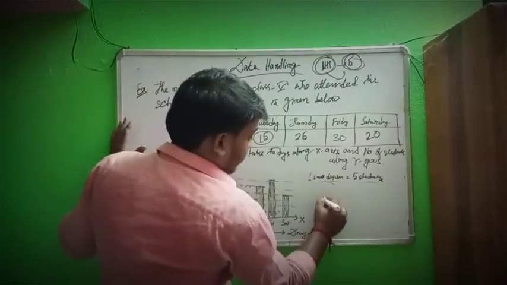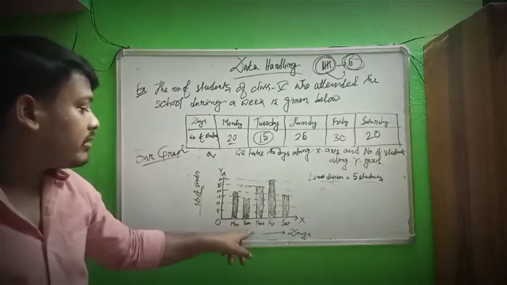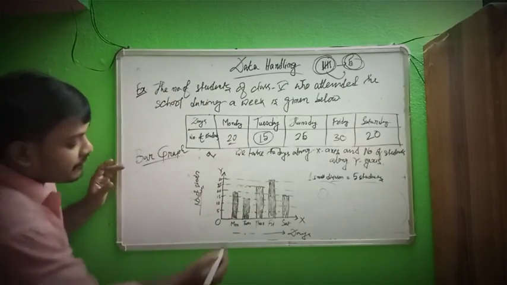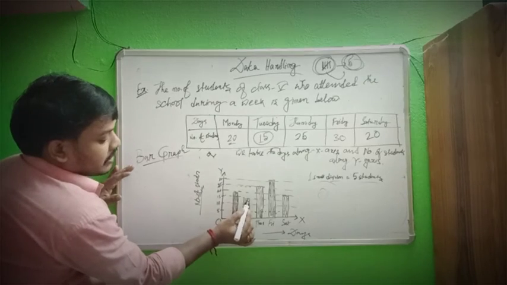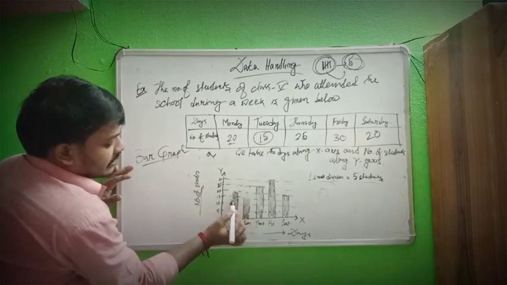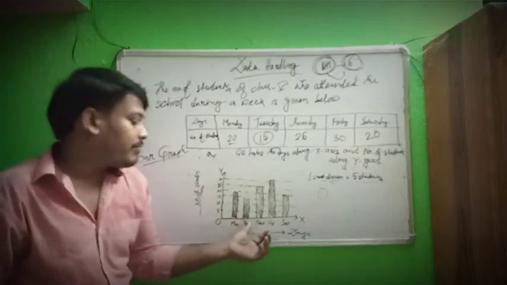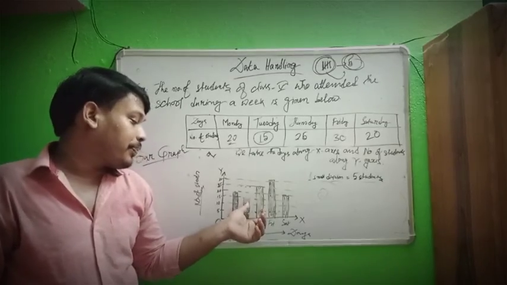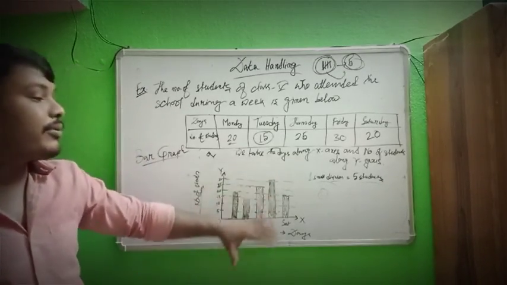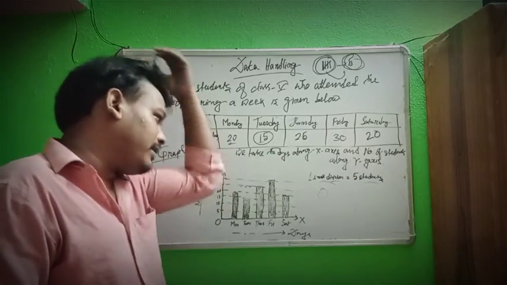By seeing the bar graph, Tuesday means up to this much, and this value is equivalent to 15. The length of this bar is 15. So 15 students attended the school on Tuesday. By this way you can answer the question when a bar graph is given.